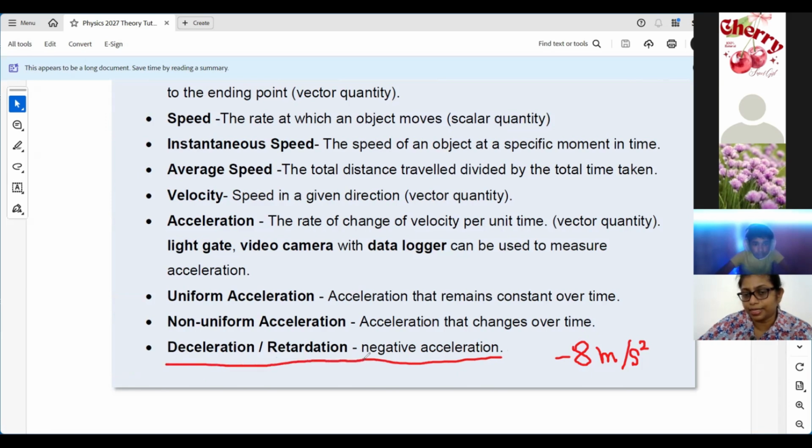In some past papers we have the term retardation, so you should remember that also. No need to use both of them. You can use either deceleration or retardation. In most of the textbooks we have deceleration, but in one syllabus past paper, they have given the term retardation. So if you do not know that, you cannot write the answer. So highlight the last point: deceleration or retardation is the negative acceleration.